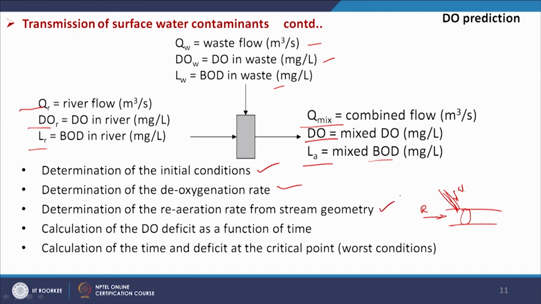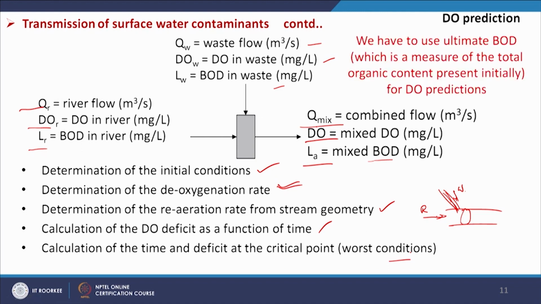The river stream geometry will help us get the value of the re-aeration constant, and by doing some BOD test we can get the value of the deoxygenation rate. Then we calculate the DO deficit as a function of time, and the time and deficit at the critical point, the worst condition. So, that is when the DO will be at its minimum. That way we can calculate.